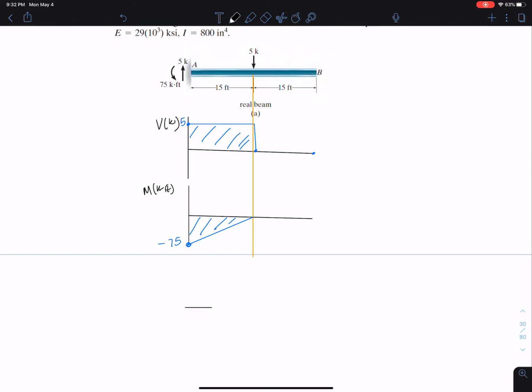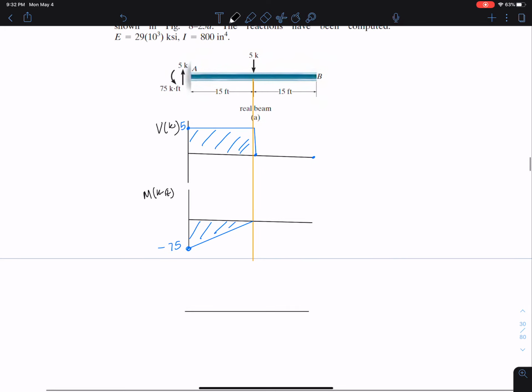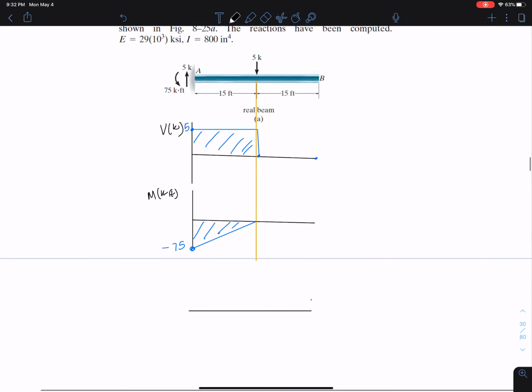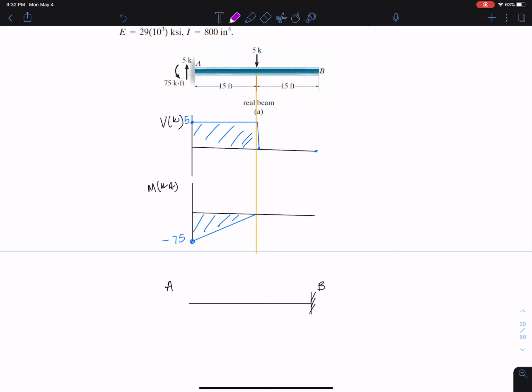Here, this is the most important thing: if this A was a fixed support, it's now free. B was free, now it's fixed. You're just going to do that from the table. And now the load on our new beam, this is our conjugate beam.